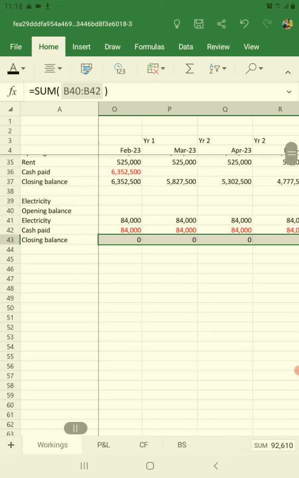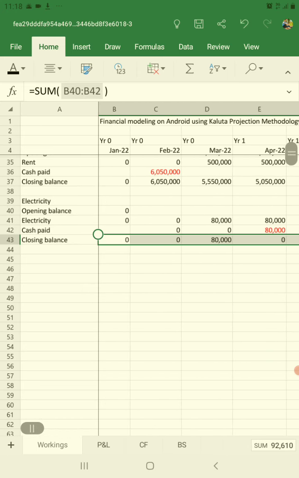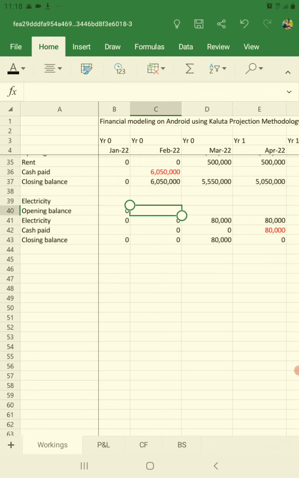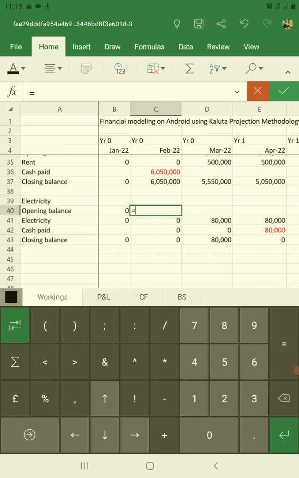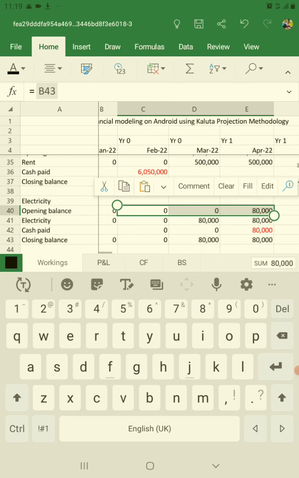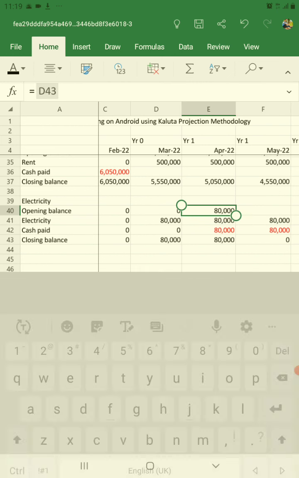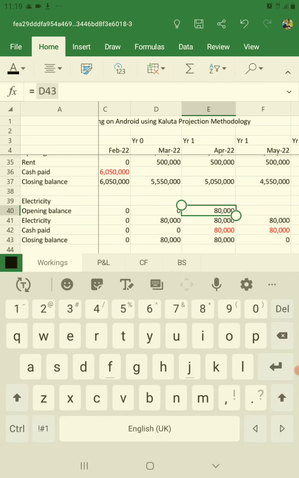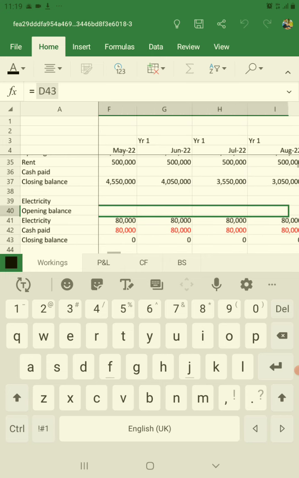Okay, and then the last thing is opening balance for February is equal to closing balance for January. Okay, I put the formula there and then I drag this to the end.